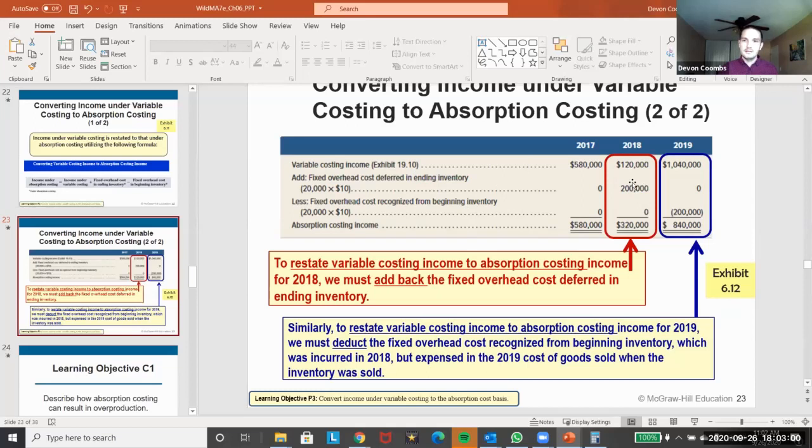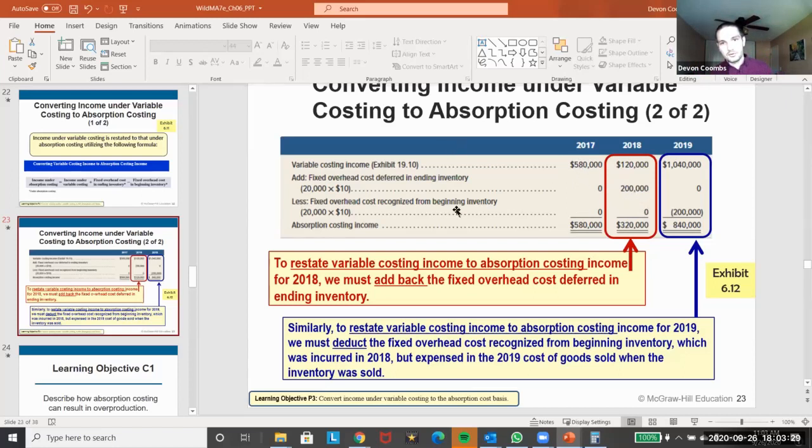And then in year 2, or 2018, our variable costing income was 120,000, but we had fixed overhead deferred in the ending balance of 20,000 times 10. So we're saying there's 20,000 units in ending inventory that we deferred. So we're going to add the 200,000, because from a variable costing perspective we didn't recognize it.